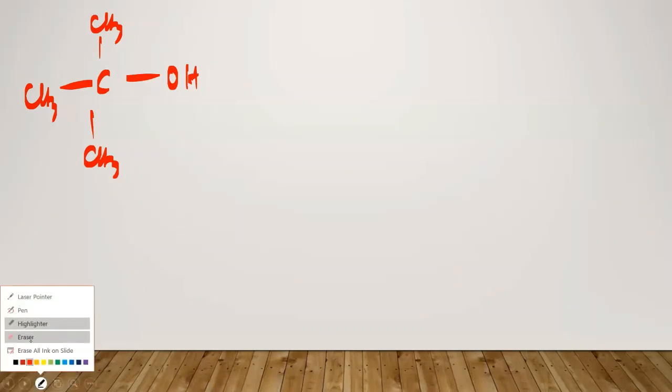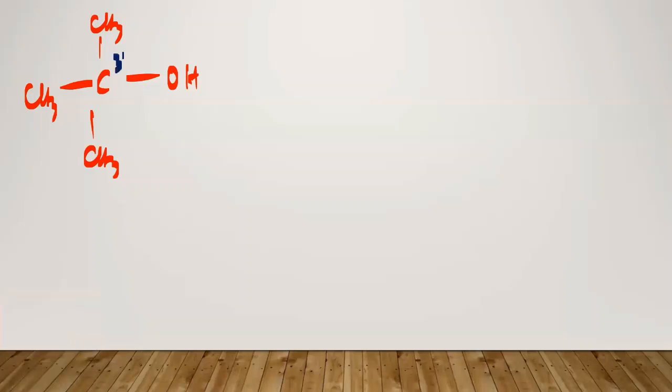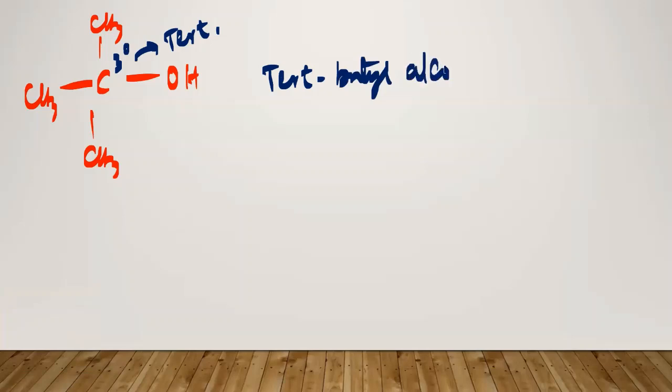So obviously, when it's a 3-degree carbon, we will use the term 3-degree, which is also called tertiary. Tert we can use. The total number of carbons is 4. So it will become tert, which means tertiary, and total carbons are 4. So we get tertiary butyl alcohol.